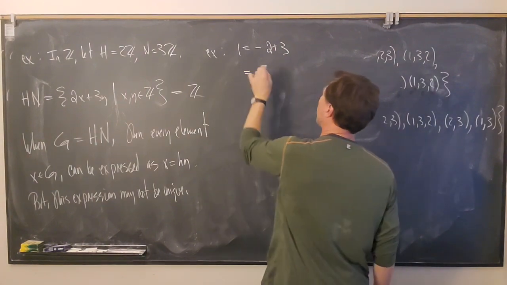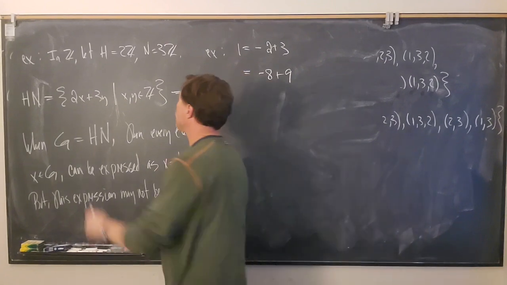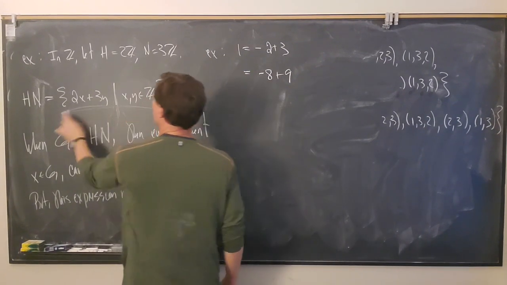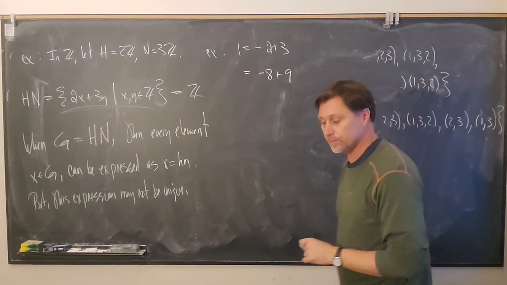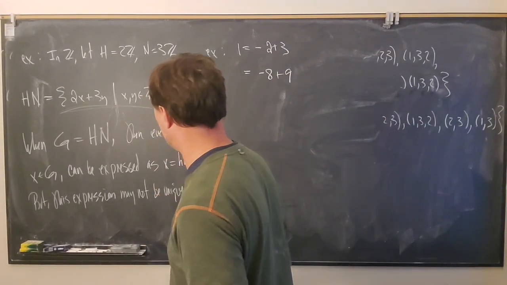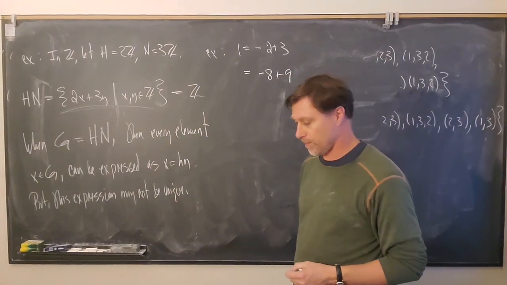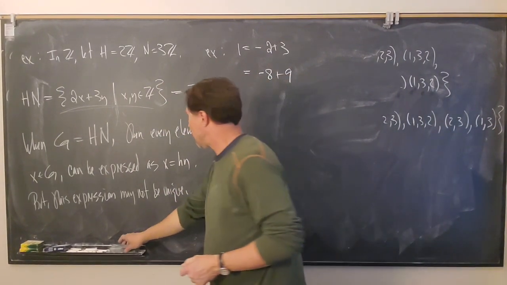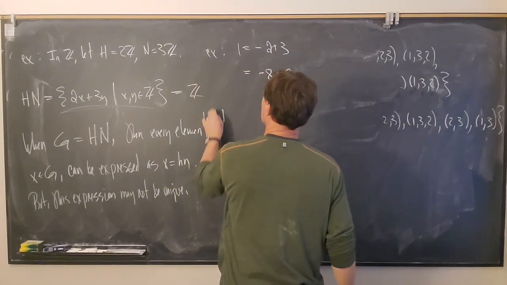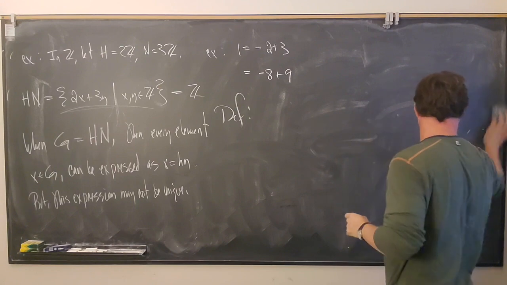It can also be written as -8 plus 9. That's 2 different ways to express 1 using this decomposition. So uniqueness is preferable, so that everybody can be expressed uniquely in this way. And so this next definition is going to capture what we need to get uniqueness.